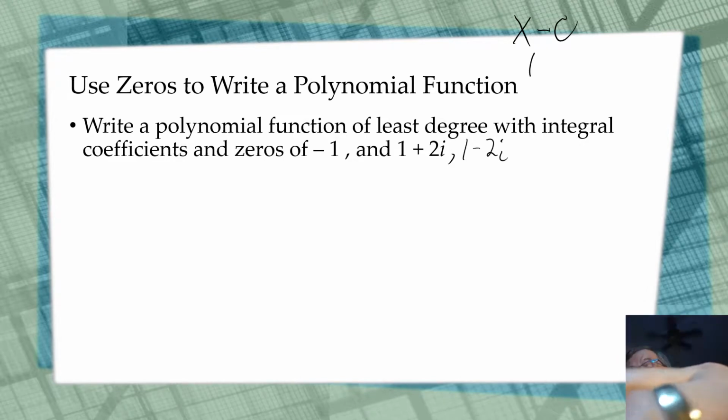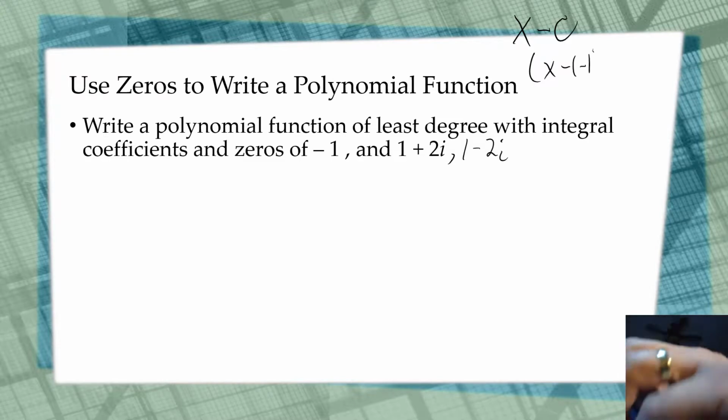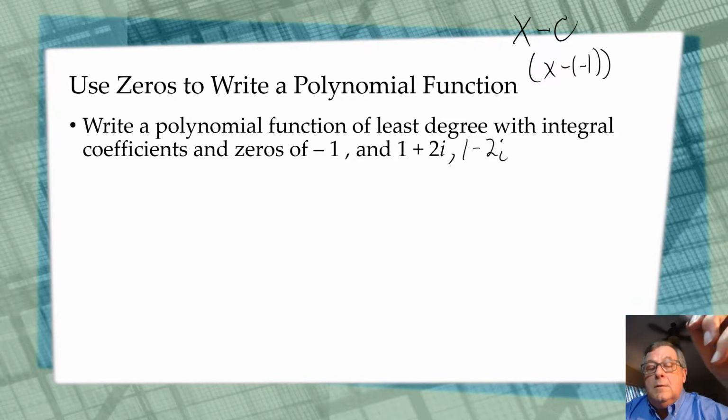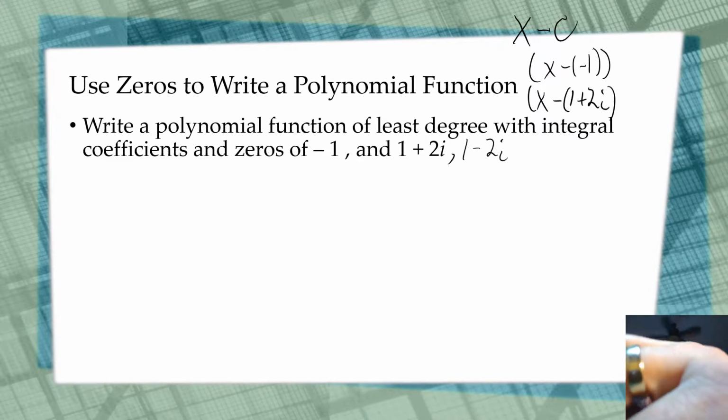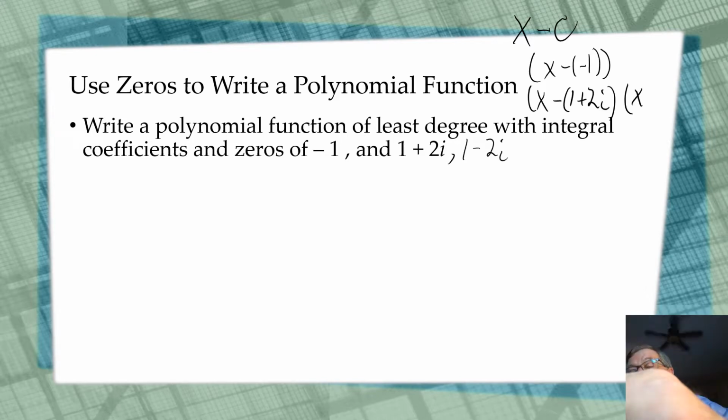So then I'd have x minus -1. Well, what's going to happen to that -1? It's going to become positive. And then I've got x minus 1 plus 2i, and then I'll have x minus 1 minus 2i.